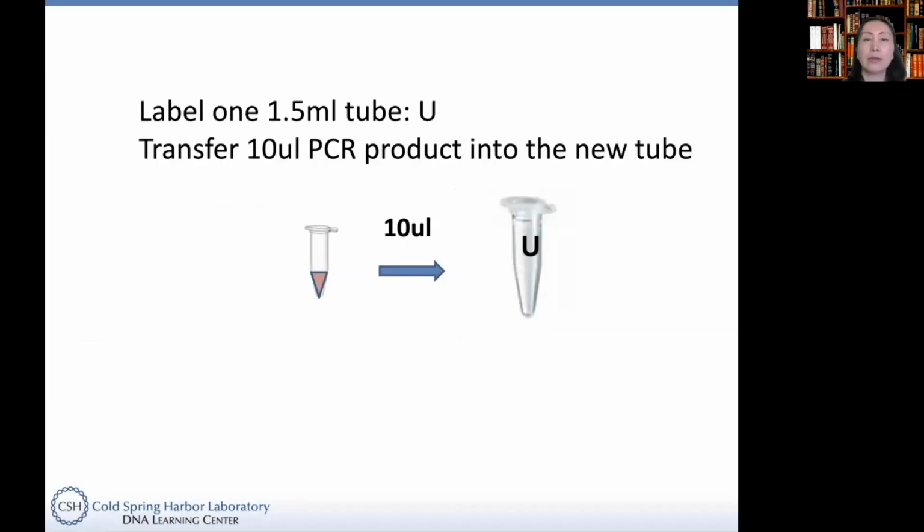Okay, then the next step after we finish PCR is to transfer 10 microliter of the PCR product into a new tube. We're going to label this new tube with the letter U. U means uncut, undigested.